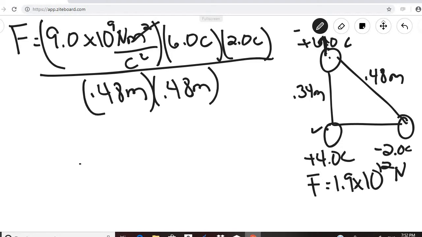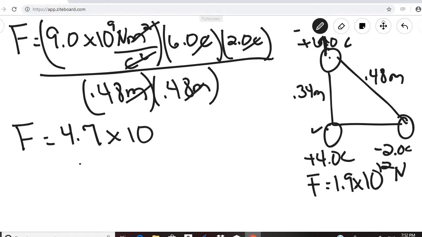Okay, so again, all our units are going to cancel except for newtons, and our force then is equal to 4.7 times 10 to the 11 newtons.